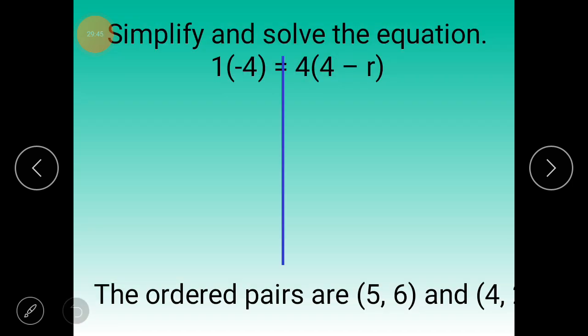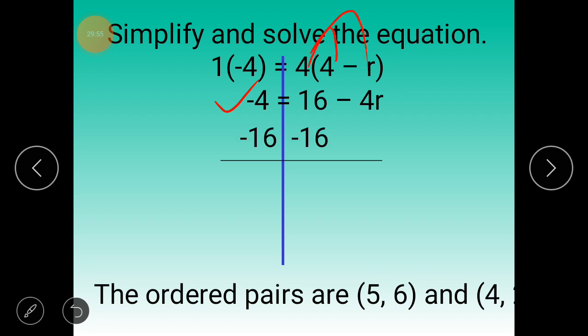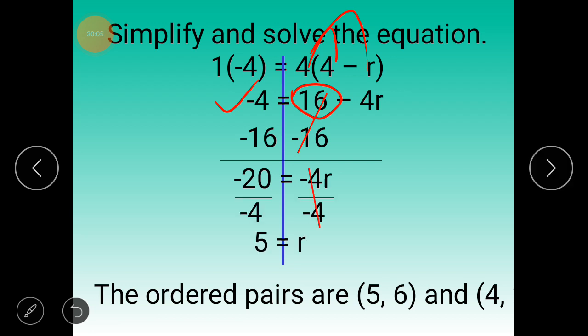Then 1 times negative 4, negative 4. 4 times 4, 16. 4 times negative r, negative 4r. Then, to cancel 16, subtract 16 on both sides. So this will be negative 4r and this will be negative 20. Then divide both by negative 4. So r equals positive 5.